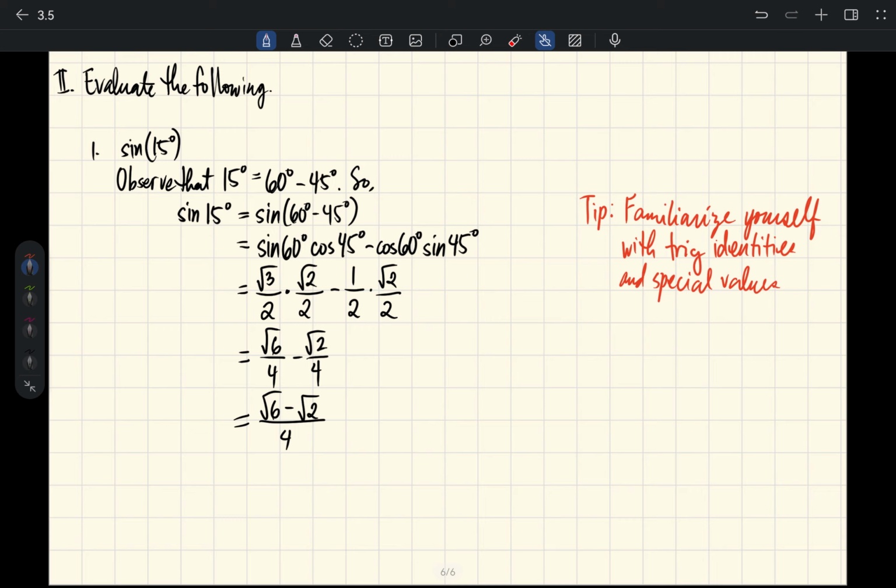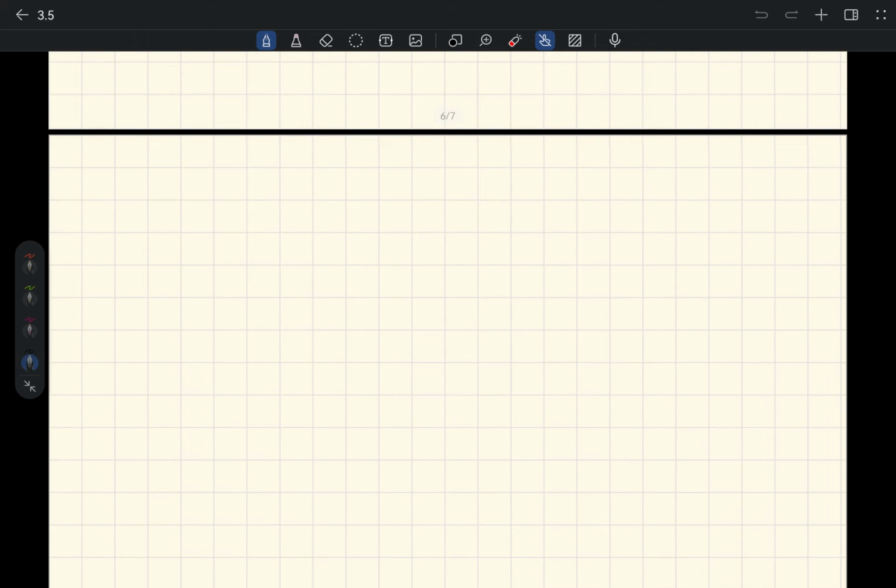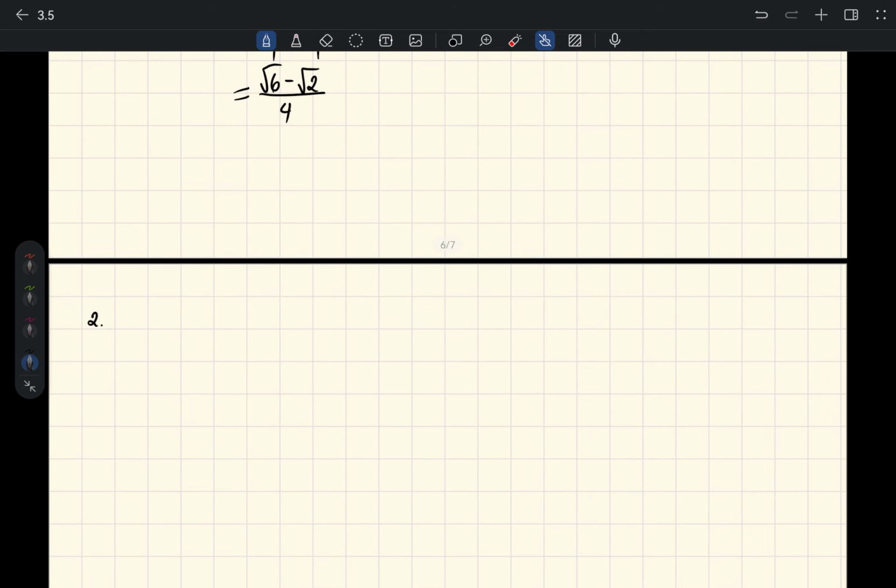Now let's proceed to number 2. This one right here. Let's find sine of 2 alpha, cosine of 2 alpha, and tangent of 2 alpha given sine of alpha equals 5 over 13 and alpha in the interval 0 to pi over 2.